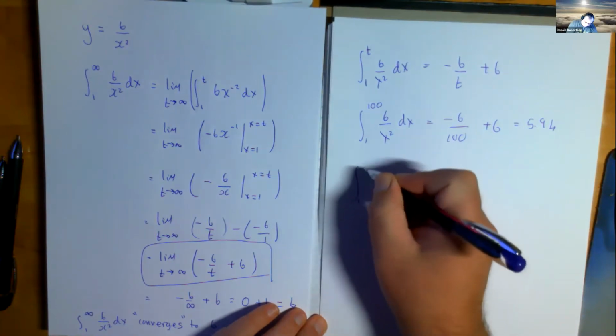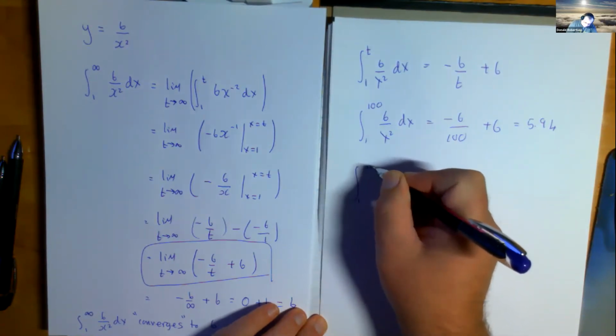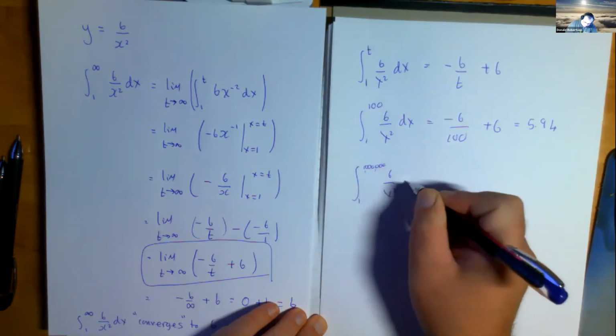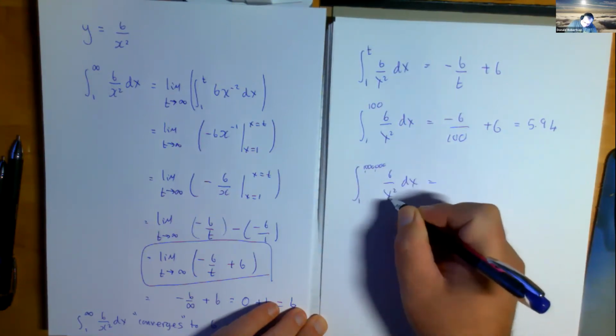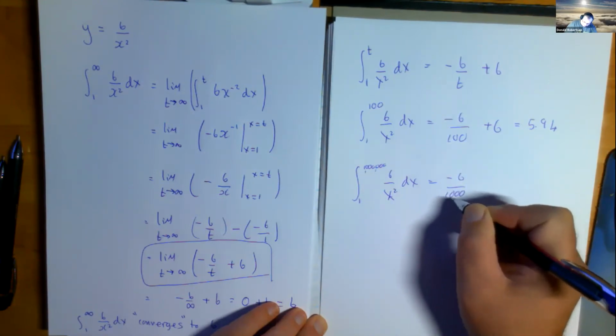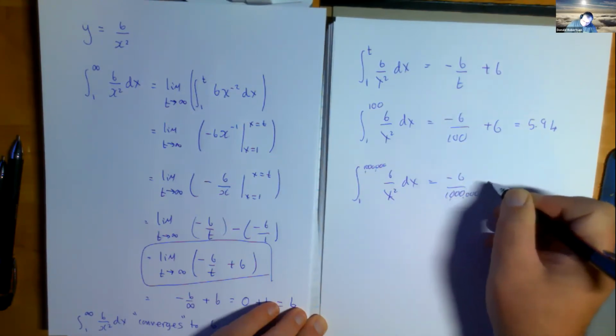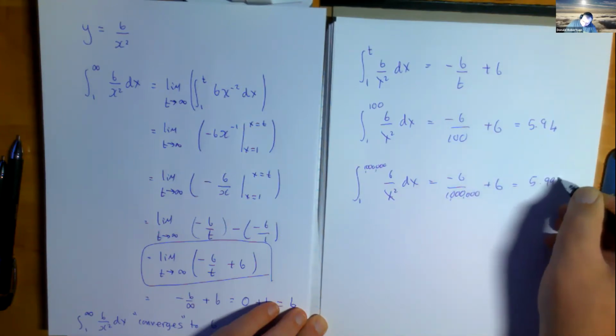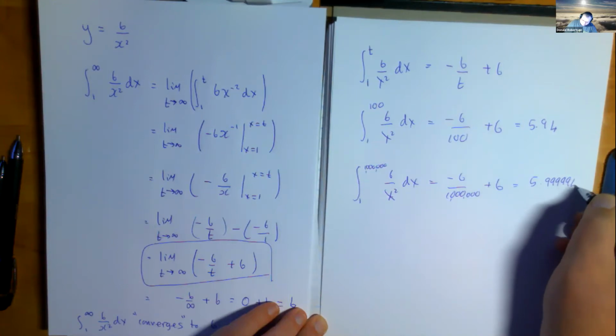Suppose I did 1 to 1,000,000. Well, that would be -6 over 1,000,000 plus 6. And that would be 5.999994.